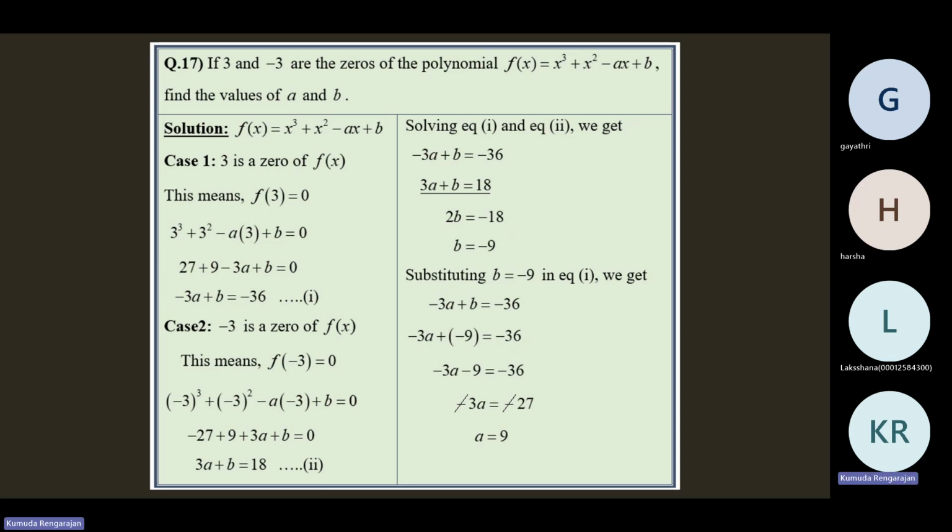Second equation, we can change the signs. If you change the signs, you'll be cancelling b. I did not change the signs because we have minus 3a and plus 3a, right? So you can eliminate the unknown a. You can also change the signs.